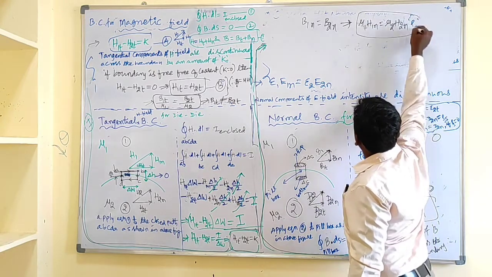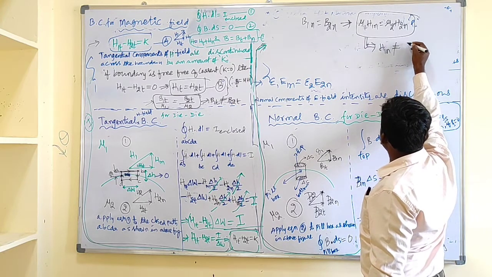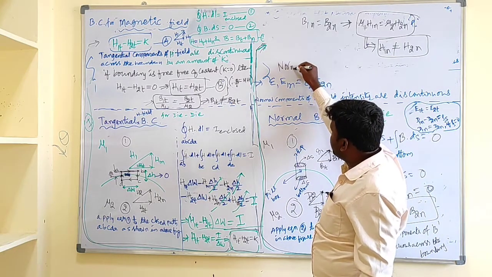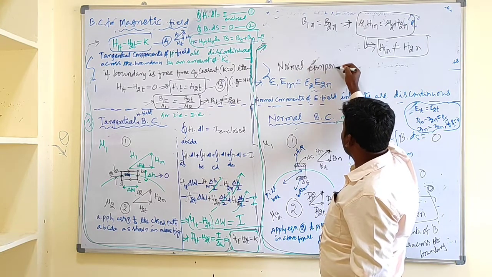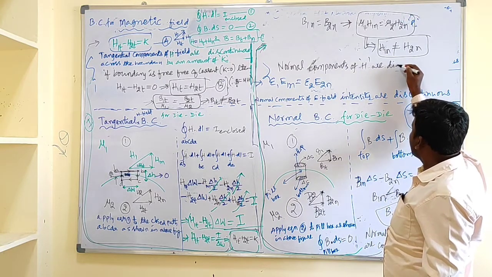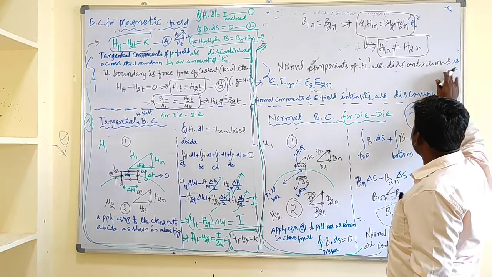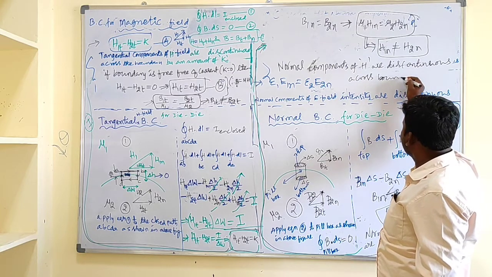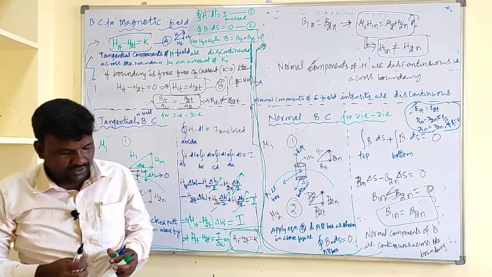It implies that H1n is not equal to H2n. That means the normal components of H are discontinuous across the boundary. They are different in the two different media. So this is all about the magnetic field boundary conditions.